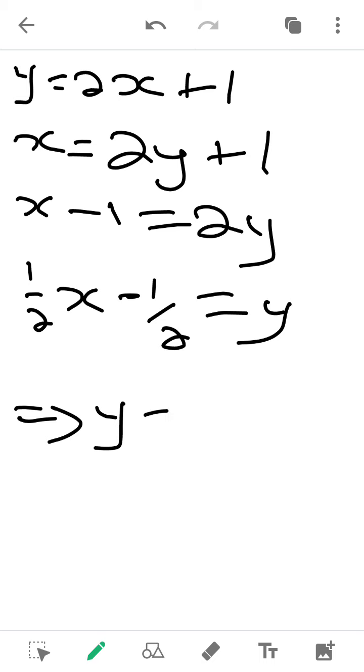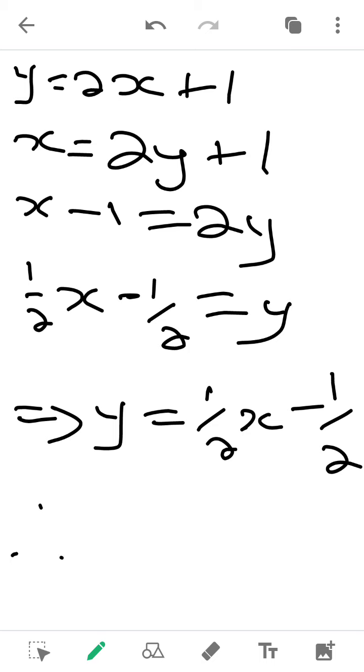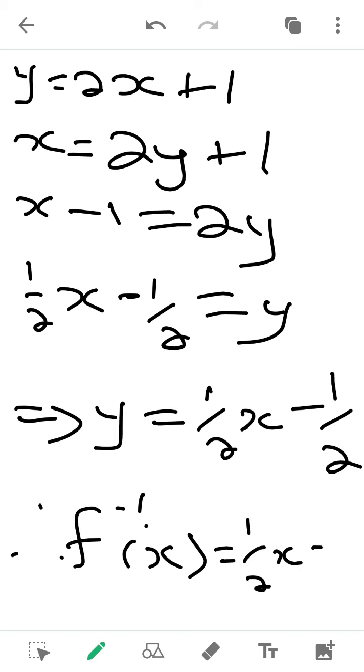This is y equals 1 over 2 x minus 1 over 2. And then we write this as our inverse of f of x. The inverse of f of x equals 1 over 2 x minus 1 over 2.